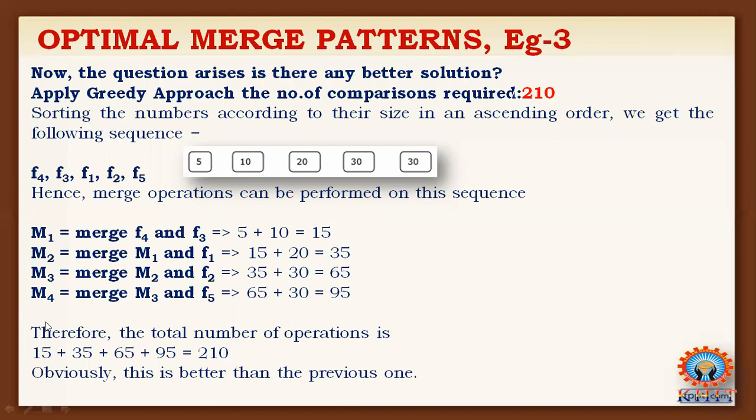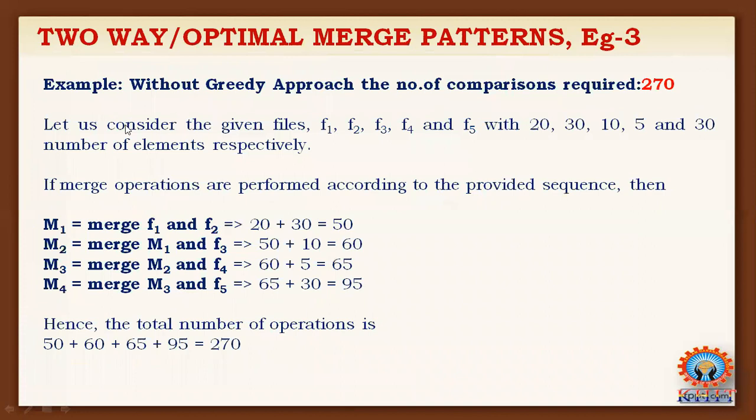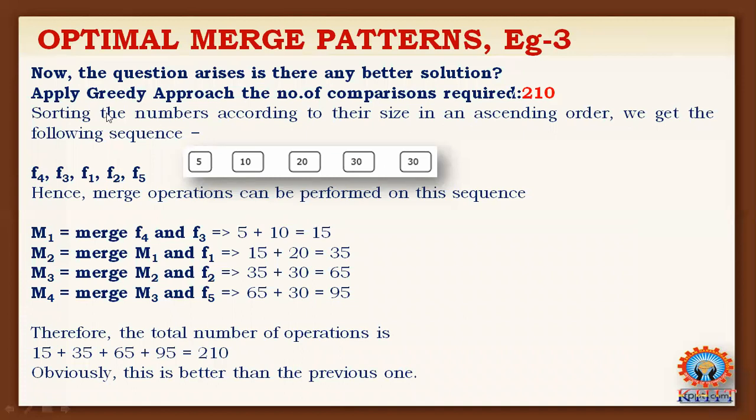If you compare this greedy strategy with the previous methodology, there the total number of comparisons required was 270, but with the greedy strategy it is 210. So obviously the greedy strategy works better. It takes fewer comparisons.